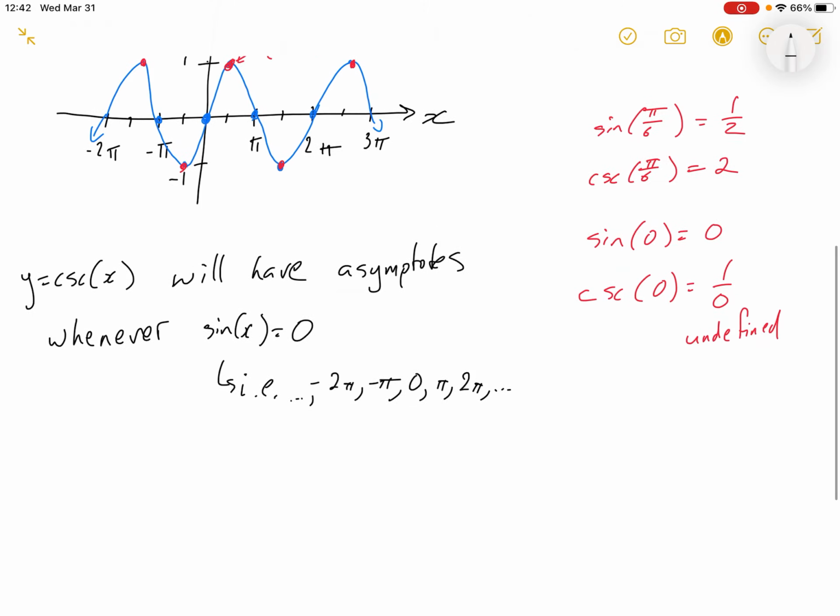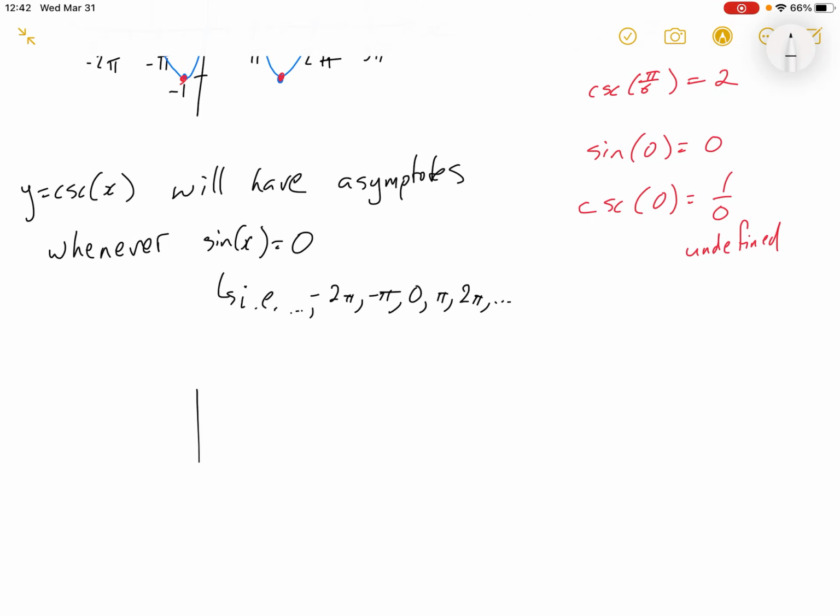So basically, here's what I'm going to expect to see when you draw a cosecant graph. So I'm going to create a new set of axes just because the ones up there are getting a little too busy. We'll put the halfway points in between them.